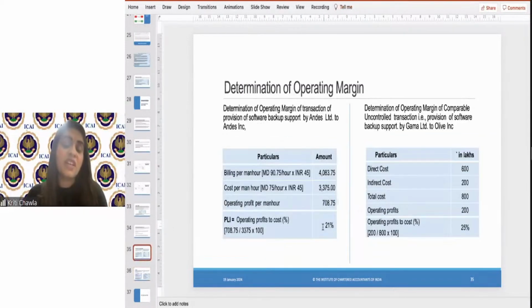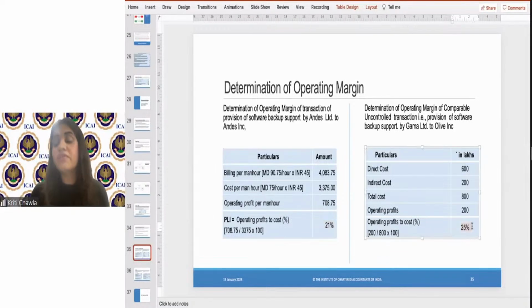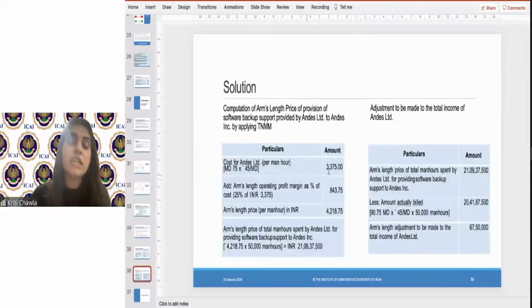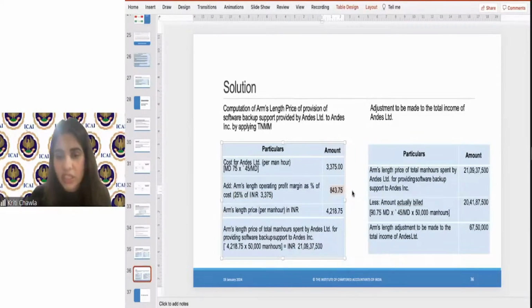It is not 21%. We are earning 21%, but we need the arm's length margin. What is the arm's length margin? What other people in the industry are earning. Where they're earning 25%, we should also earn 25%. So that basically means that the margin should be 25% of the cost, which is 25% of 3375, which is 843.